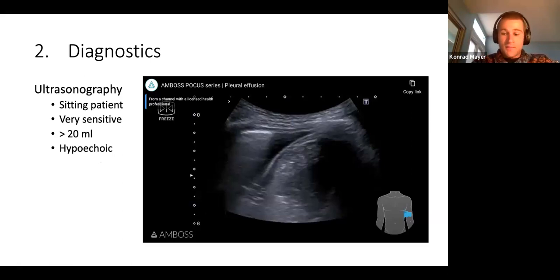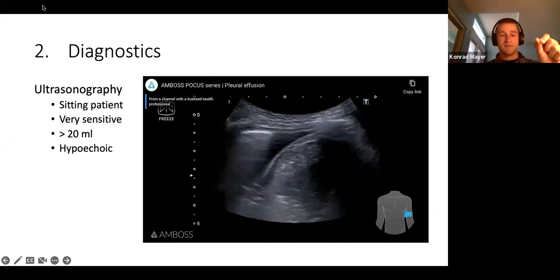It can be done at the bedside seconds before you put the needle in to tap the pleural effusion. It is usually done in the sitting position, the patient sitting on the bed and you on the other side, and you can put all your stuff on the bed to get ready for your pleural tap, and you apply the ultrasound to the back of the patient.